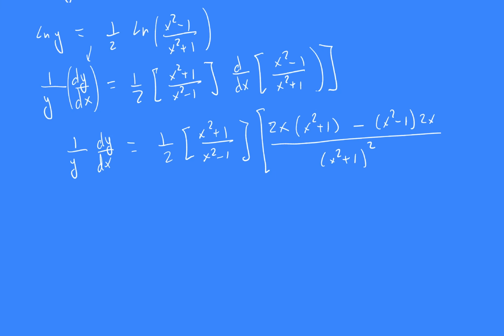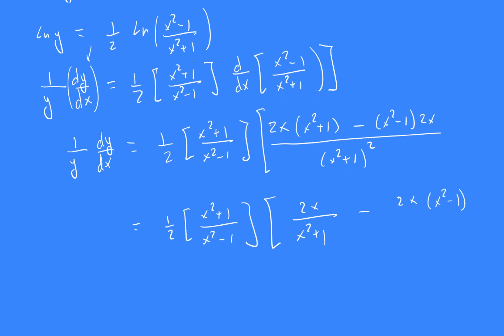So this will be equal to 1/2 (x squared plus 1) divided by (x squared minus 1), that multiplies 2x divided by x squared plus 1, minus 2x multiplied by x squared minus 1, divided by (x squared plus 1) square.